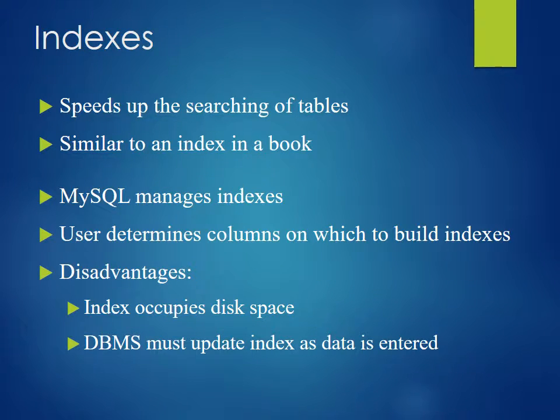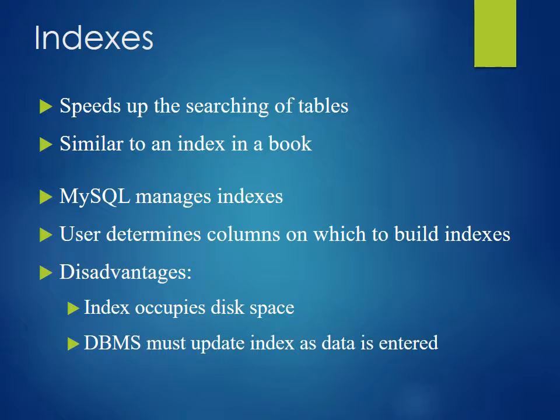Indexes are a way of speeding up the searches of a table. A primary key is automatically an index, and not something you have to do anything about. This is similar to an index in a book. Users determine which columns to build the indexes on. You don't want to create too many indexes because that takes up a lot of disk space.